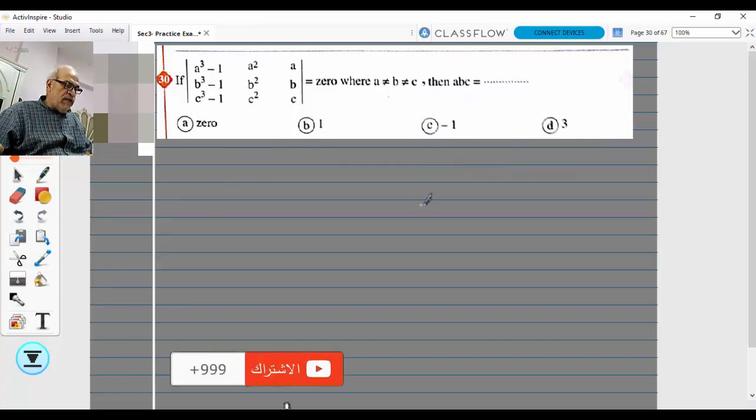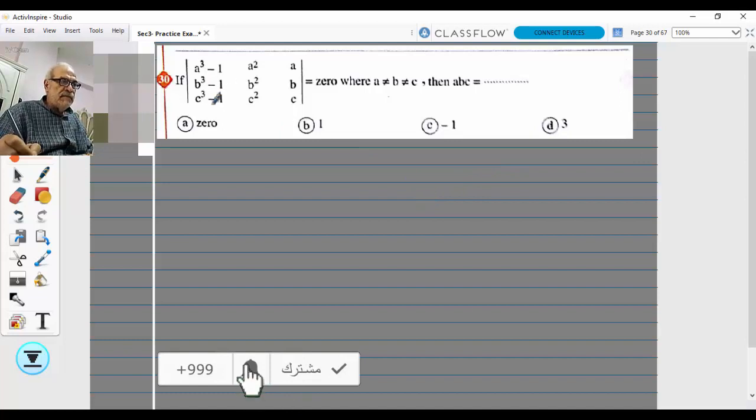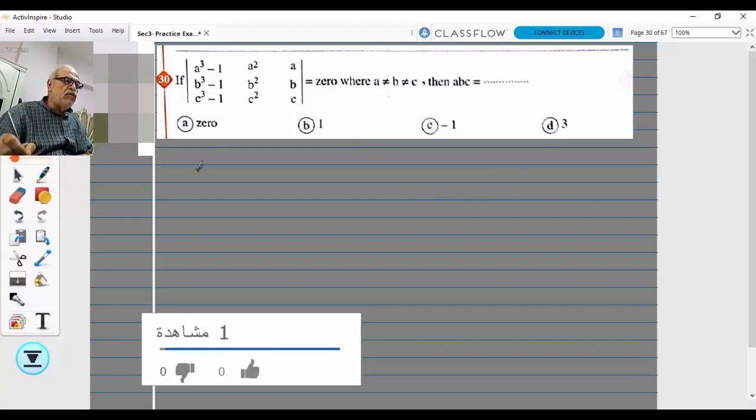First step, we will divide this determinant into two determinants.